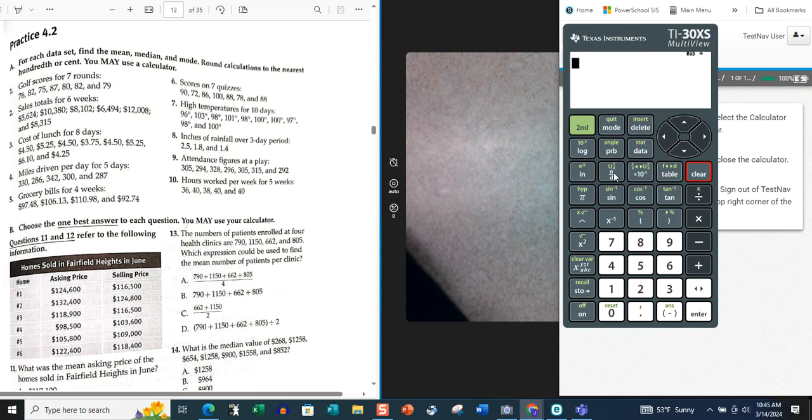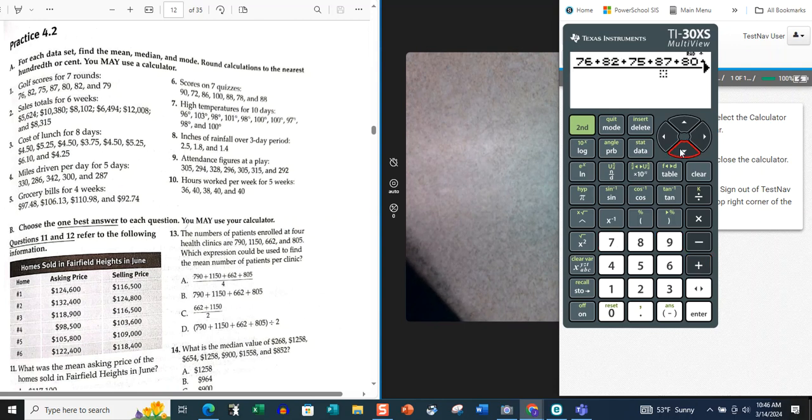So the first thing I would do is hit N over D. And remember, with the mean, you add up all of the numbers. 76, 82, 75, 87, 80, 82, and 79.